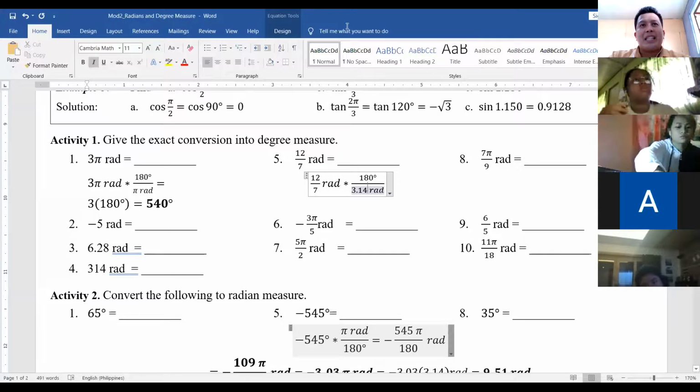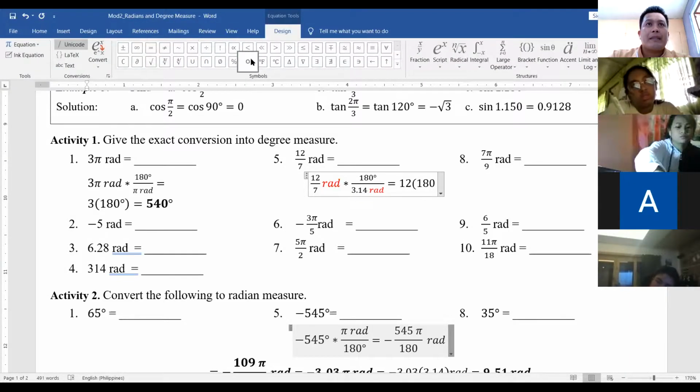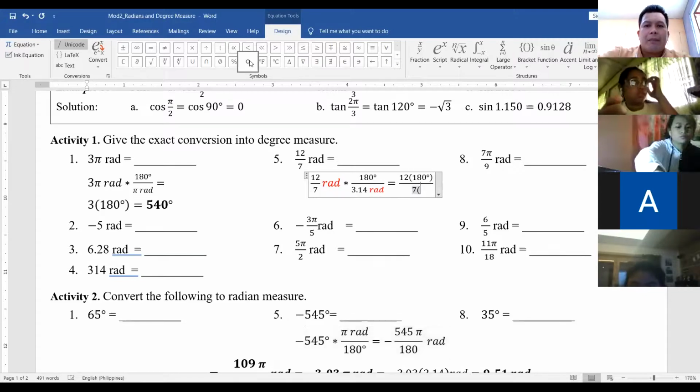What we will cancel is just the word rad in the numerator and in the denominator. So by eliminating rad, your solution will go with 12 times 180 degrees over 7 times 3.14.